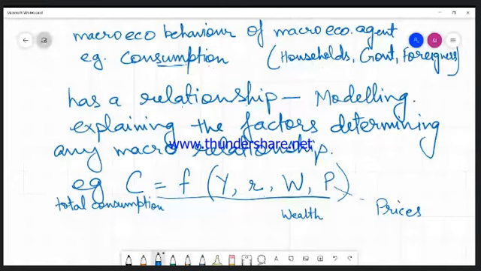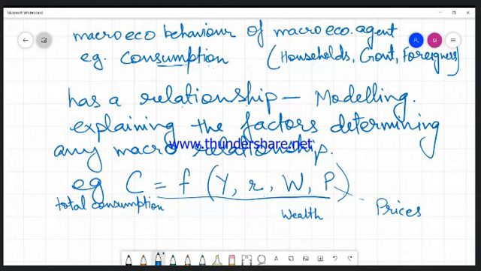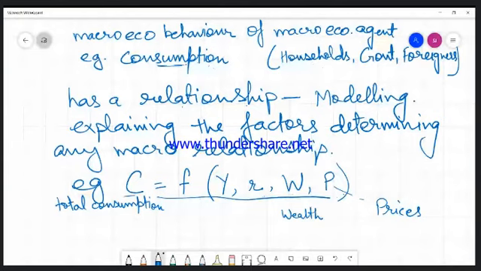So C is a dependent variable. Y, R, W, P are the independent variables because they will decide the level of this. Independent variables will decide the level of the dependent variable. So if you are trying to develop the relationship, you are trying to understand how economic agents behave.